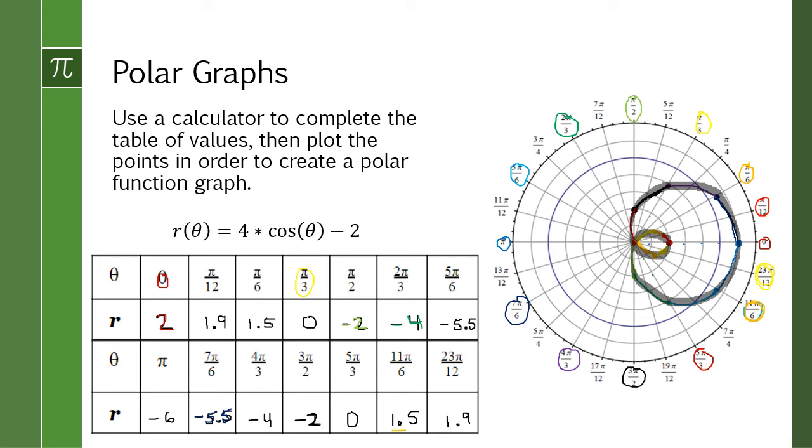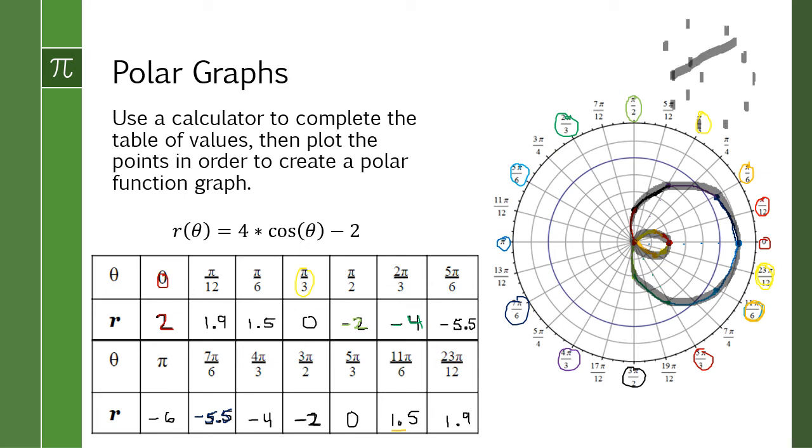But the one thing that I would say to be really careful of on graphs like this is to make sure that you connect the dots as you go. It's a little bit like a dot-to-dot puzzle, if you remember those from when you were a kid. Because otherwise you'll end up with a bunch of dots that look something like this. And it's kind of hard to tell how to connect those.